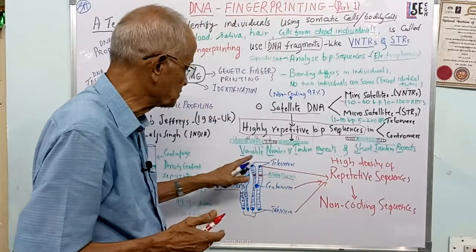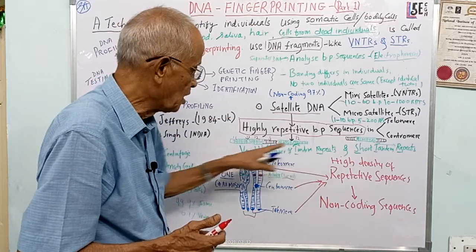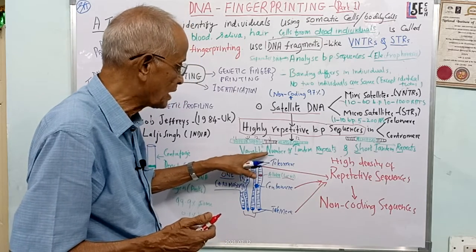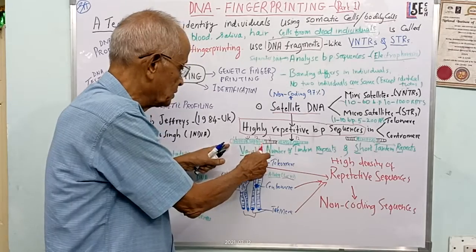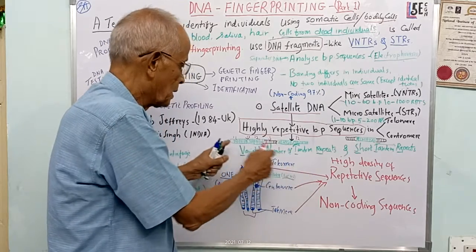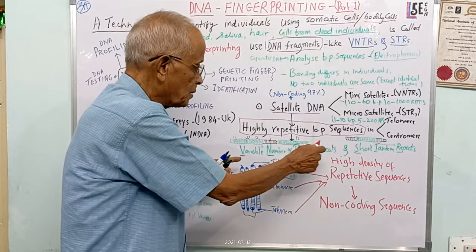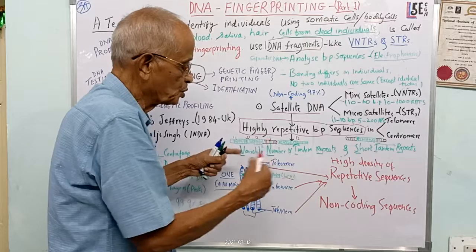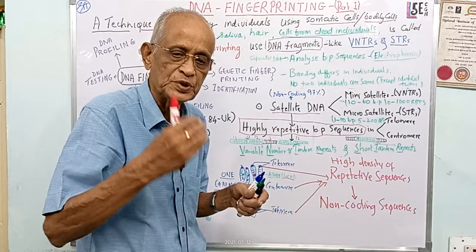If you expand that, it is variable number of tandem repeats. When you say variable number of tandem repeats, it means the number of these sequences may change. It may be 12, it may be another 10, it may be another 8, like that. Those repeat structures will change, but the sequence of the repeat will be the same thing.